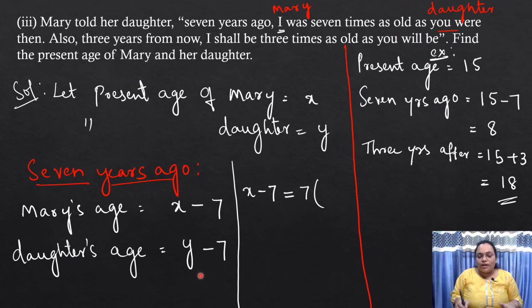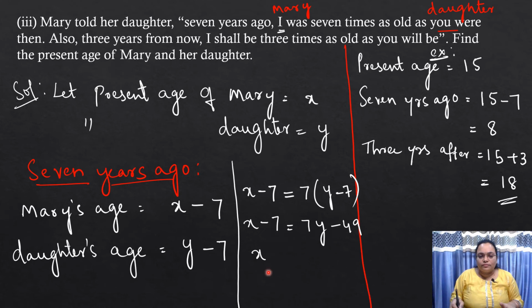So daughter was y minus 7. Y minus 7. Okay, clear? So if we simplify this, x minus 7 is equal to 7y minus 49, which is x, if I get plus 7y to LHS and send minus 7 to RHS.